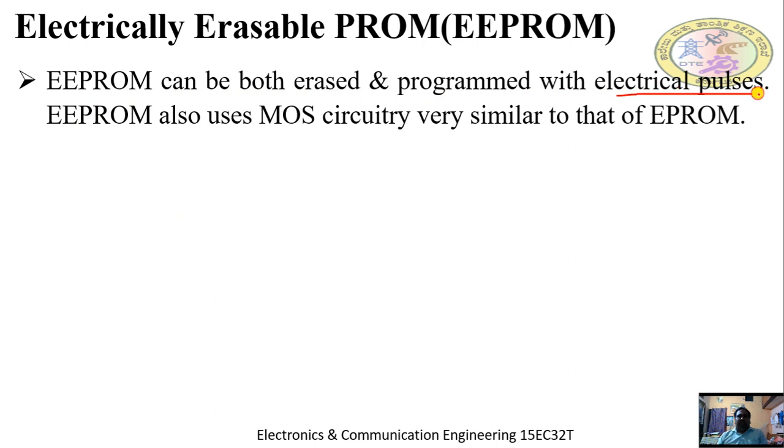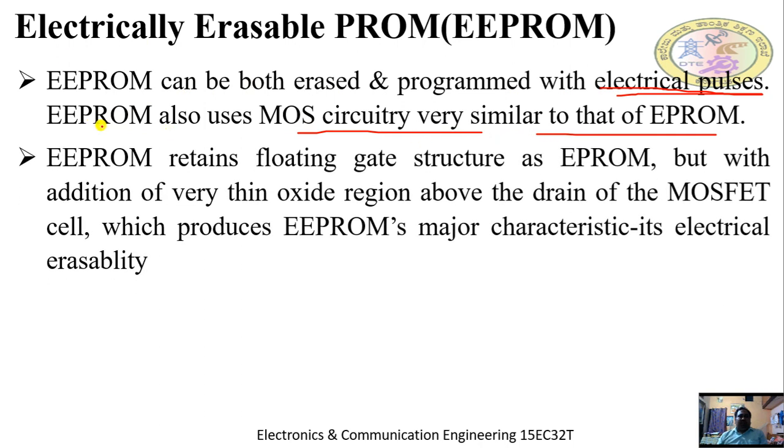So here, different current pulses are used to write as well as to erase the content. EEPROM also uses MOS circuitry very similar to that of EPROM. So the EEPROM structure is similar. EEPROM retains the floating gate structure of EPROM, but with the addition of a very thin oxide region above the drain of the MOSFET.